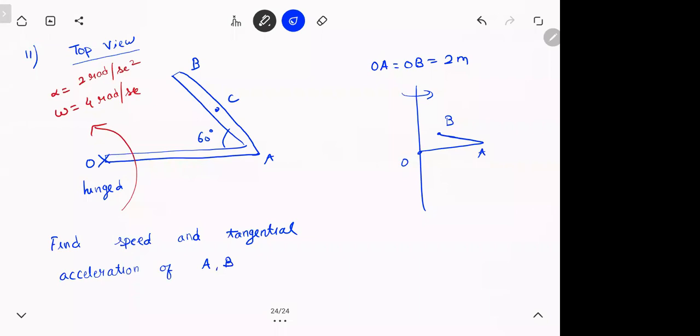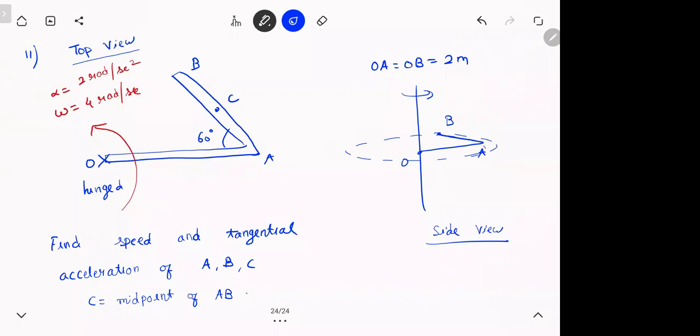C is the midpoint. So this is the side view, meaning this would be going in this plane, like this. Hope you're able to visualize how it is.